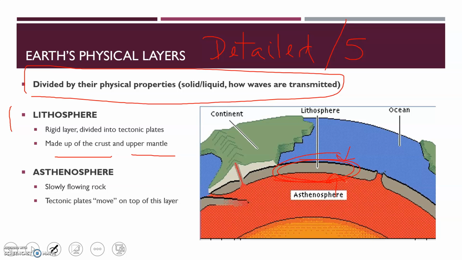The second layer is the asthenosphere, which is this giant red layer here. I know it's a little hard to see the red. In the asthenosphere, you have slowly flowing rock. And this slowly flowing rock is what's basically allowing those convection currents to move. This is moving what's on top of this layer.